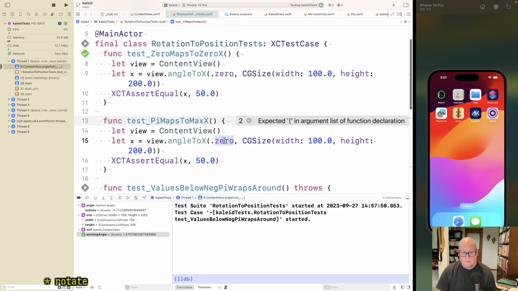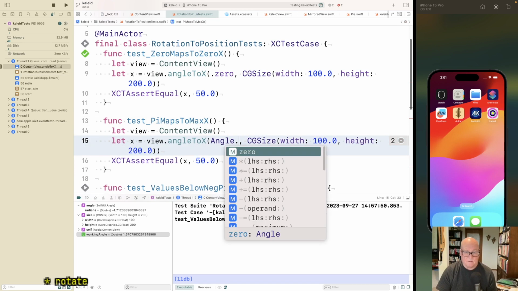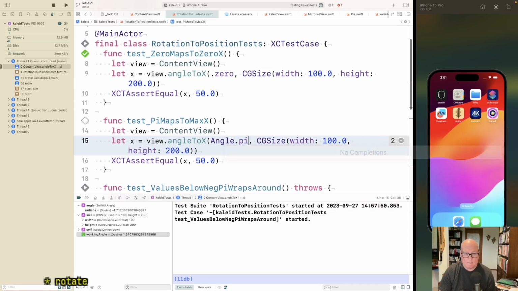So if I do angle is angle dot, well, is that 0? Can I say angle dot pi? I think I proved I can't.